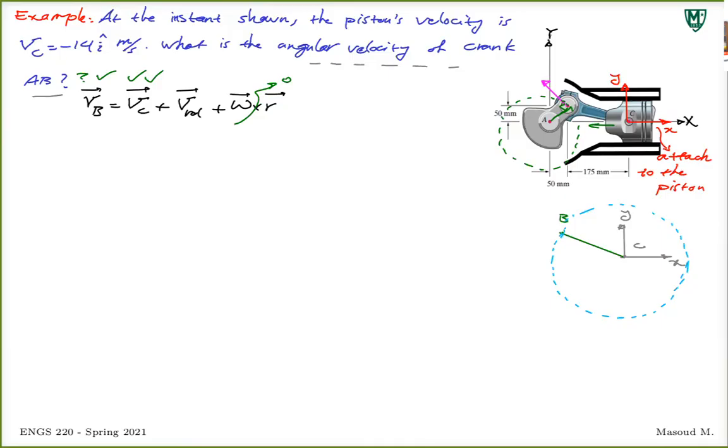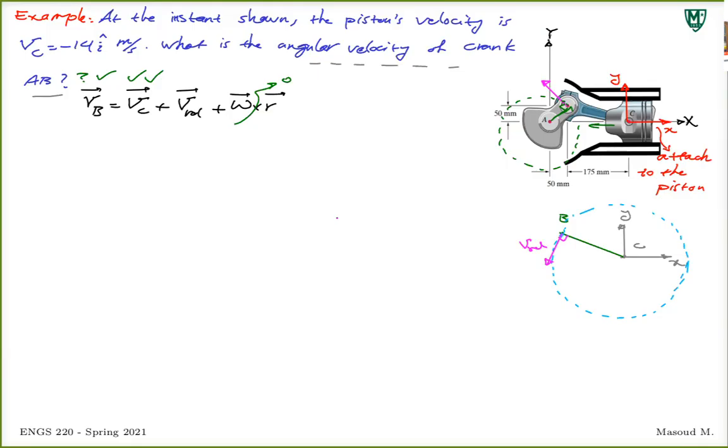Now, if that's the case, it means this will be the velocity of that. If it's a circular motion, the relative velocity would be this. This is V relative, VB with respect to point C. So make sure you follow this specific part.